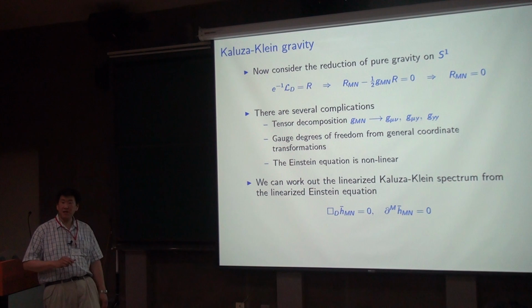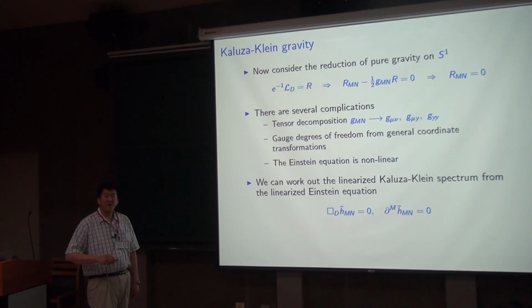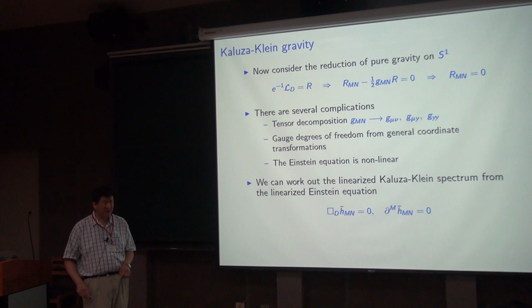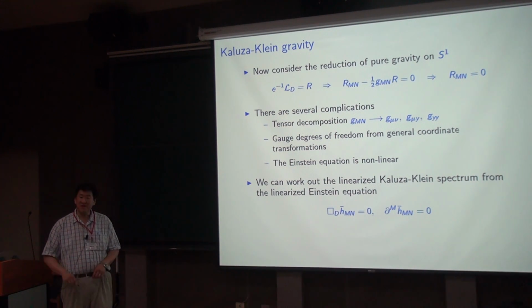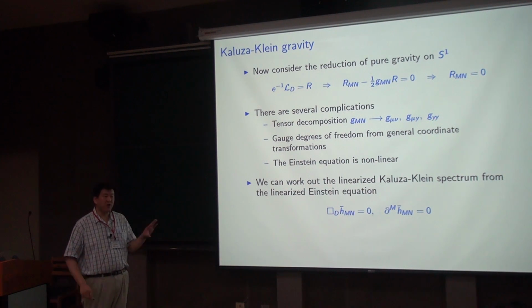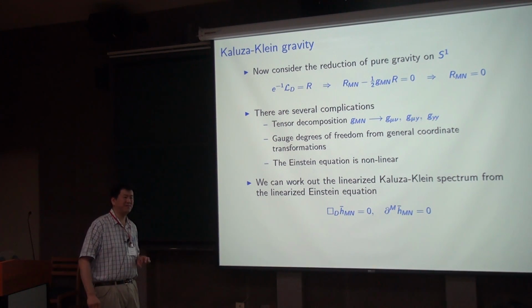But maybe another way to say it is if I do linearized gravity, I expand the 5-dimensional metric, or any metric, as eta mu nu plus h mu nu. I call this G, but in reality, I can use h for linearized gravity. And so I have h mu nu, h mu y, and h yy. Those are all tensor fluctuations of some sort.